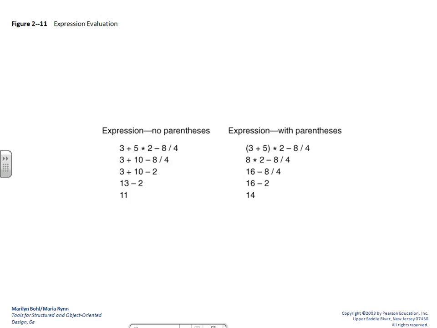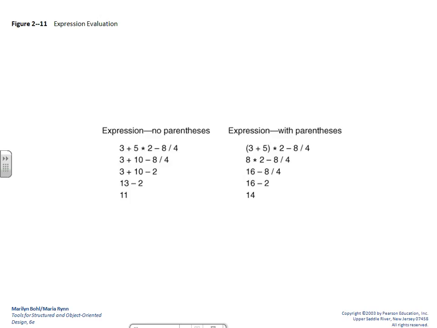This is expression evaluations. Every time that we're going to evaluate an expression, we're going to first start with parentheses. If we have several parentheses, first we start with the most inner parentheses. After we are done with all the parentheses, then we're going to go to multiplication and division.